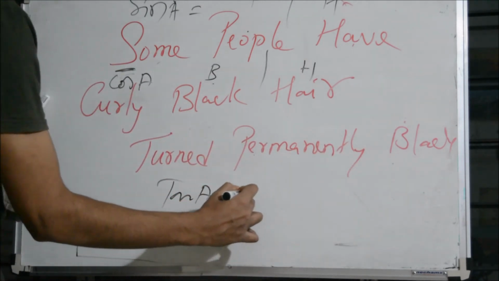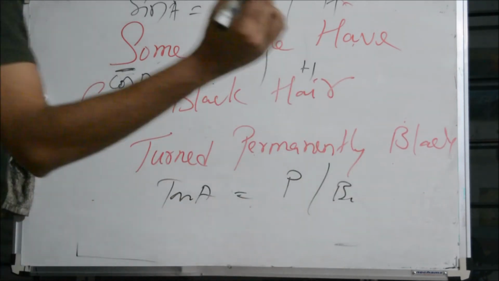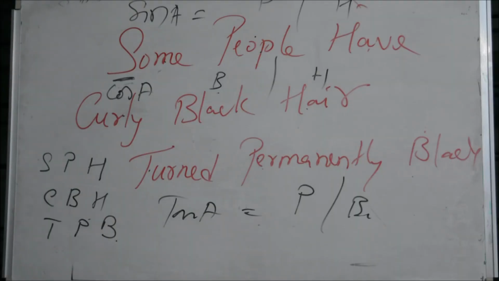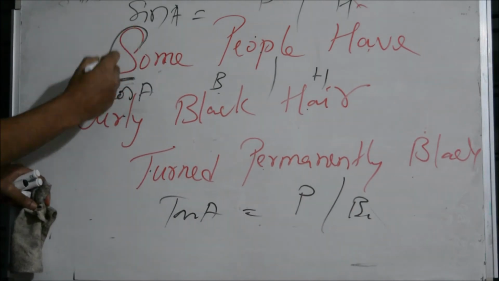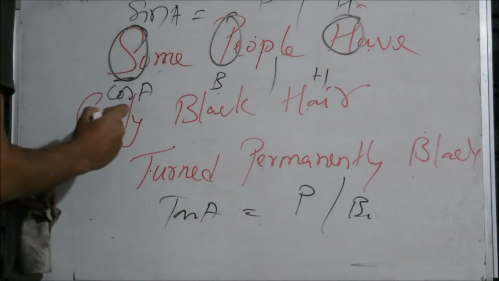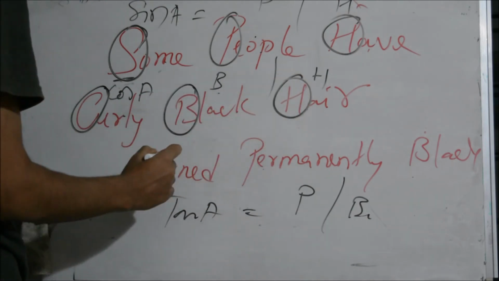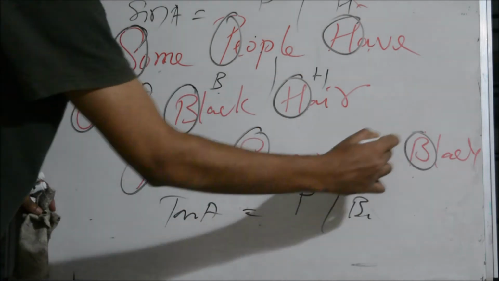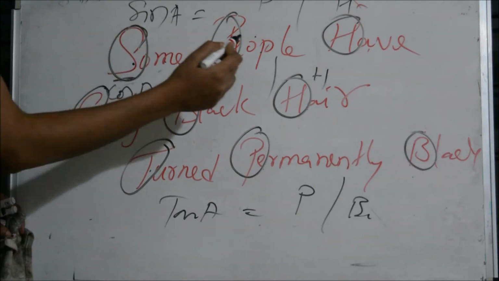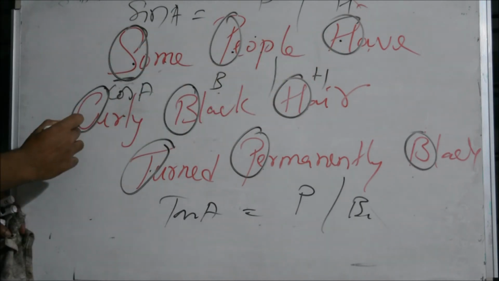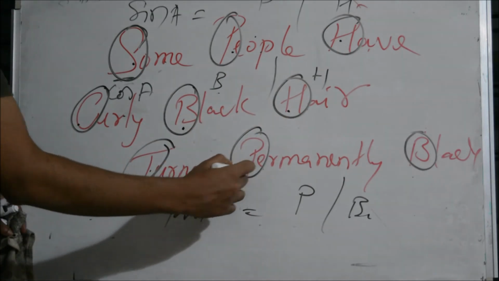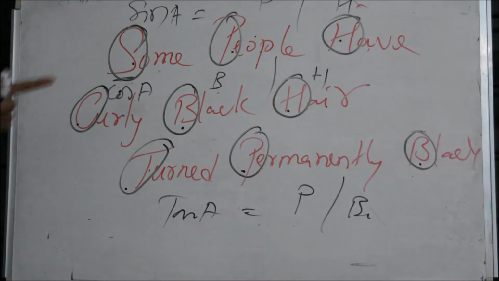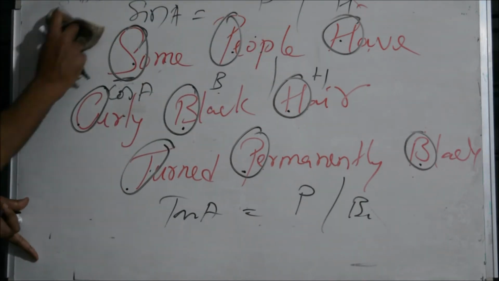Tan of angle A is equal to perpendicular by base. So if you consider the first letters S, P, H, C, B, H, T, P, B, we get S for sine, P for perpendicular, H for hypotenuse, C for cos, B for base, H for hypotenuse, T for tan, P for perpendicular, and B for base. So with this sentence, you will be easily able to remember all the trigonometric ratios.